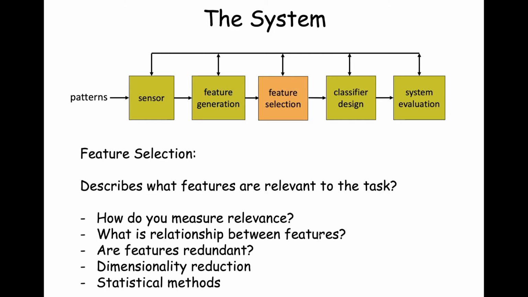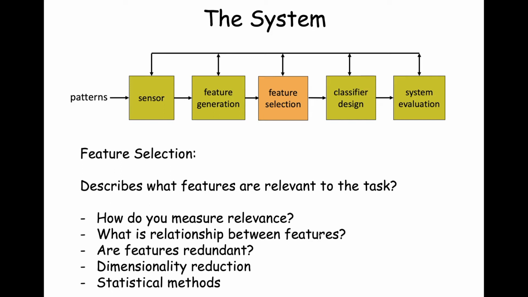So now we're going to focus on feature selection. In looking at feature selection, we take our features from the feature generation component and we try to answer the following question: what features are relevant to the task? So feature selection inputs the features that are created by feature generation, and now we're going to pick some of them.